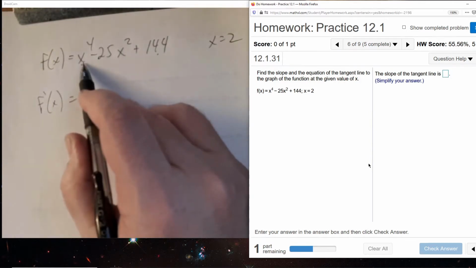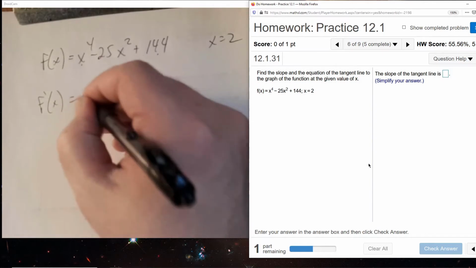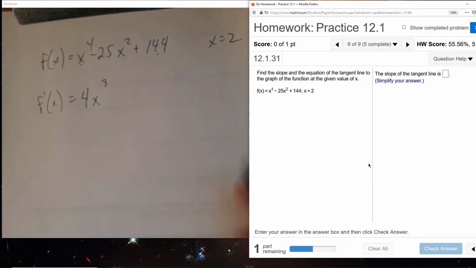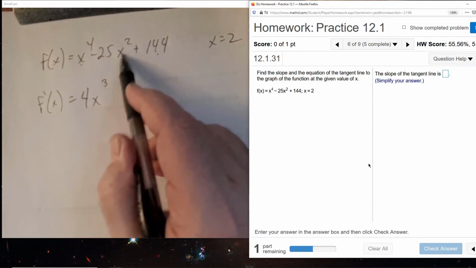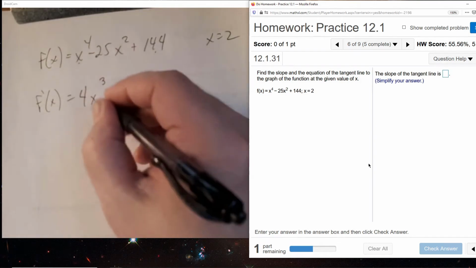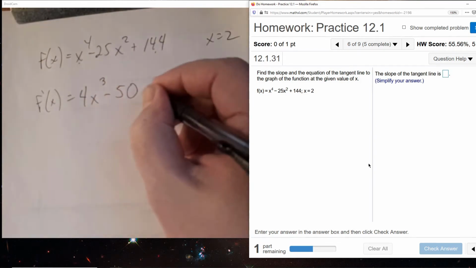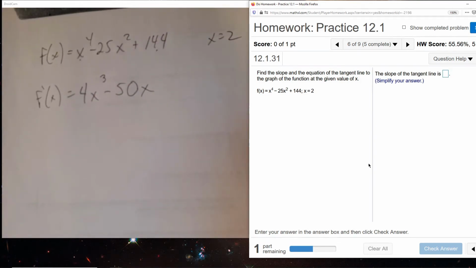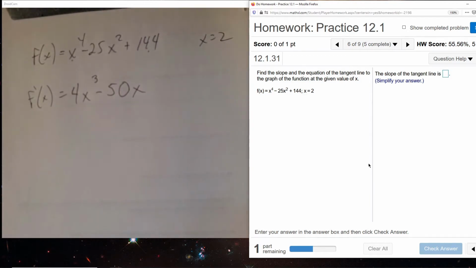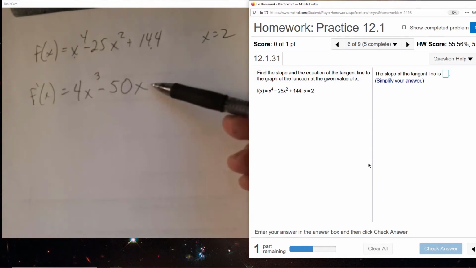So do them term by term. The derivative of x to the 4th, 4 drops down, subtract 1 from the exponent. For x squared, the 2 will drop down, hit the minus 25, they get minus 50, subtract 1 from the exponent, and the derivative of a constant is 0. So here's the derivative.